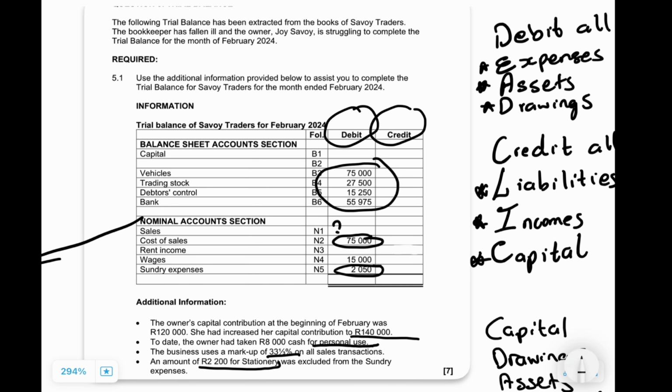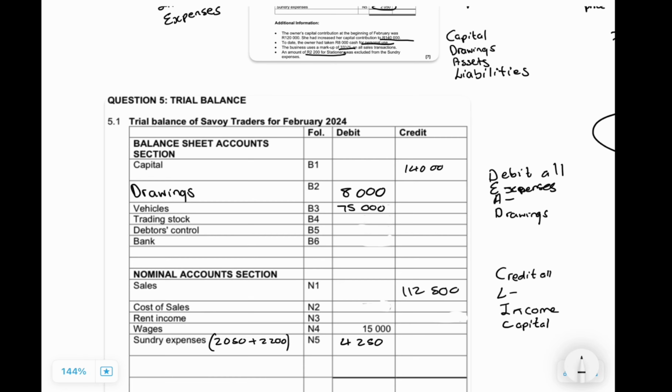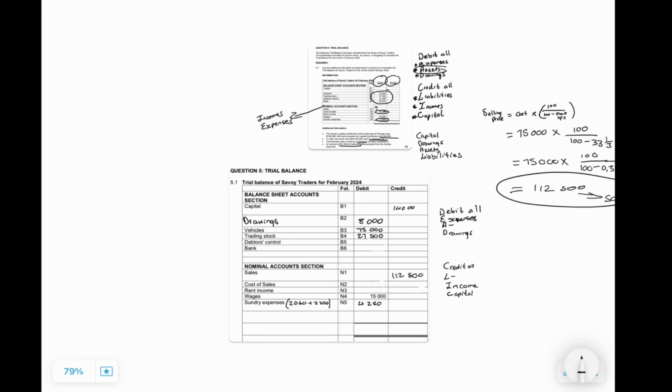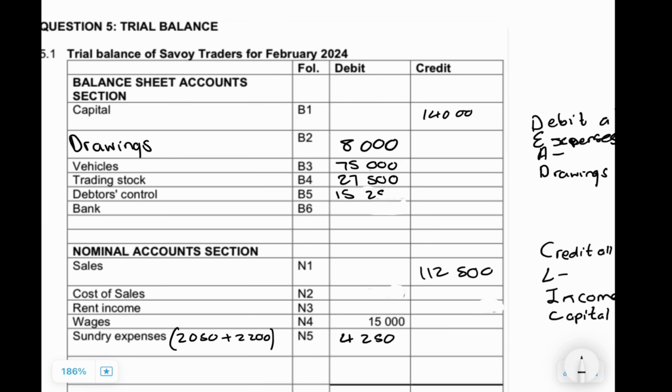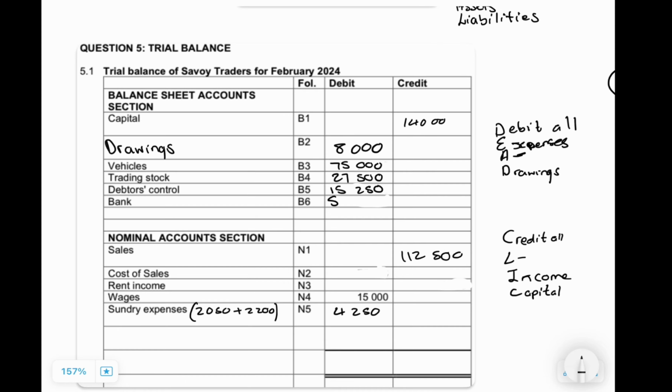Your vehicles, your trading stock, debtors control, and bank are all assets, and we said all your assets will be debited. 75,000 for vehicles, 27,500 for trading stock, 15,250 for your debtors control, 55,975 for your bank.